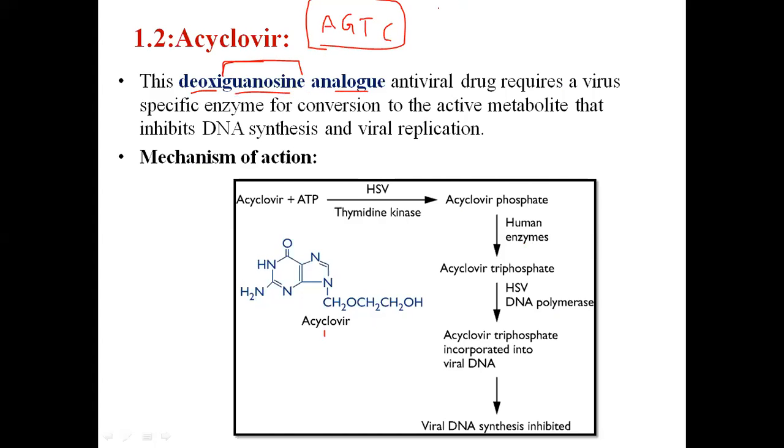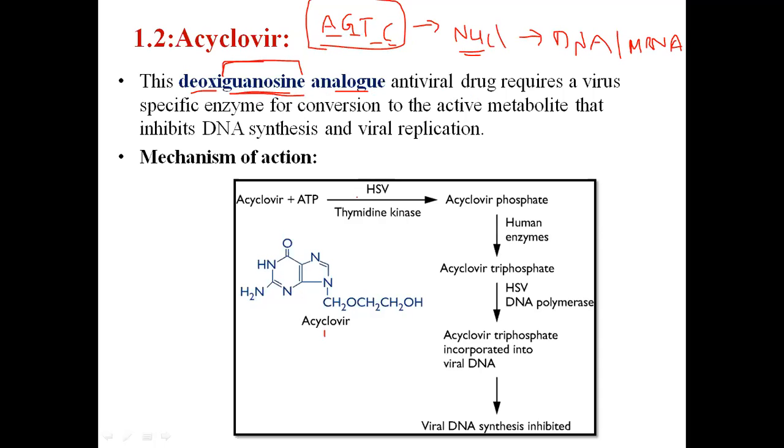And the nucleotide is the basic functional unit, or building block, of DNA and mRNA. So DNA and mRNA are made up of nucleotides, which have nitrogen bases like adenine, guanine, thymidine and cytosine. So here acyclovir is an analog of guanosine.